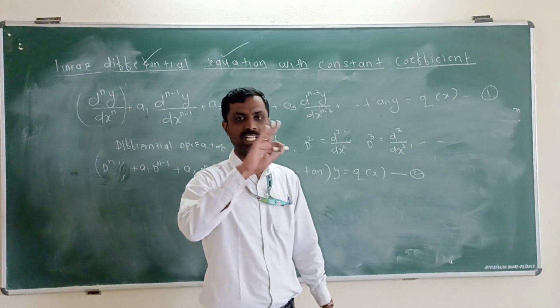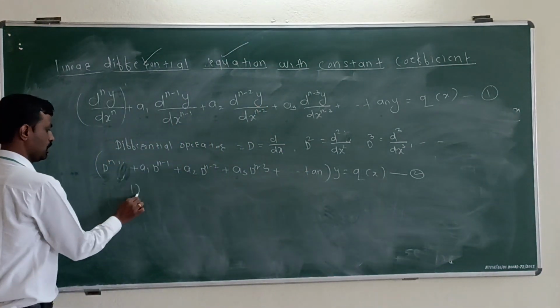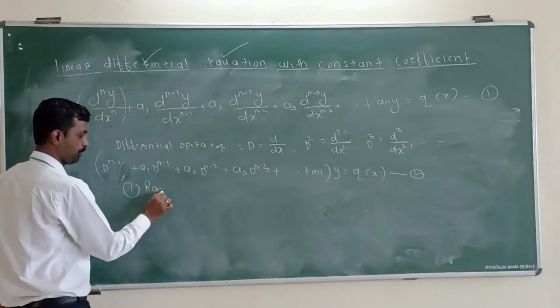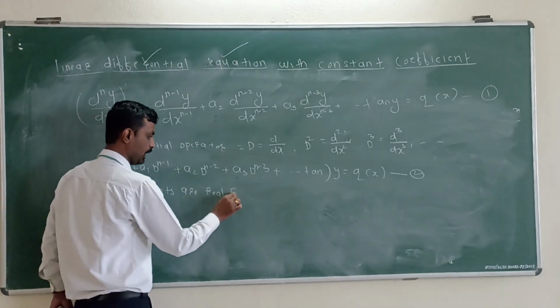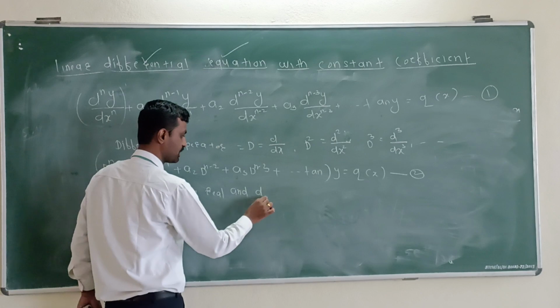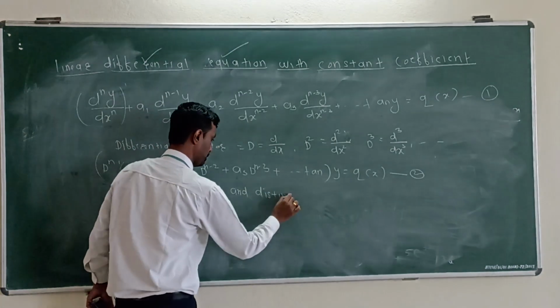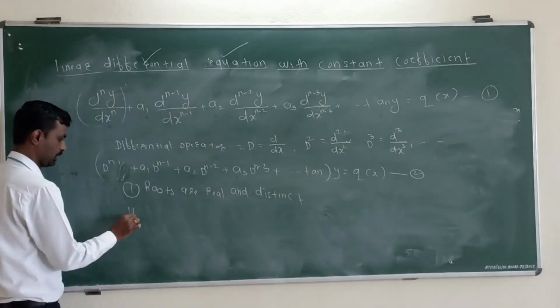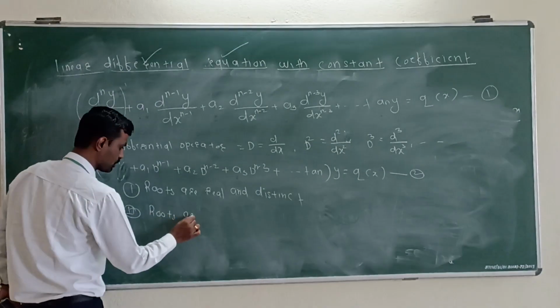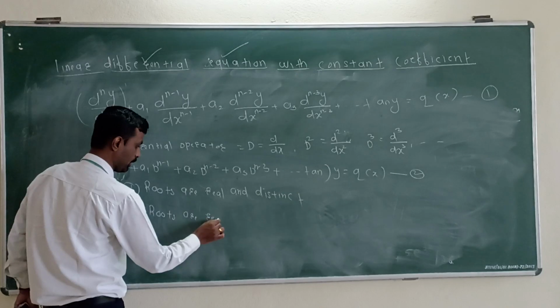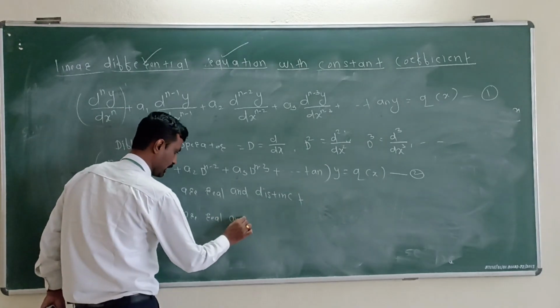there are mainly 3 types. First type is the roots are real and distinct. Second, roots are real and same.